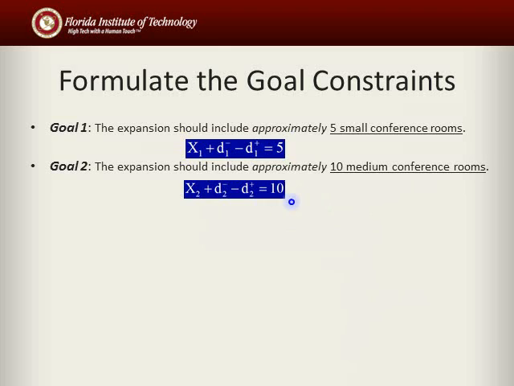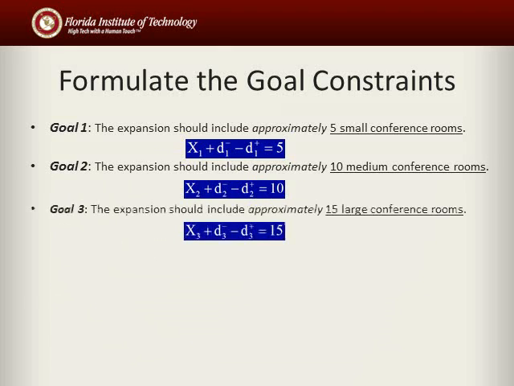And if we happen to go over that goal value, then we're going to have some value greater than 0 for that d2 plus. So this is our function for our second goal. The third goal follows pretty much the same approach. Our goal is 15, so the number of large conference rooms, which is x3, plus any deviations from that 15 is going to have to be equal to 15.